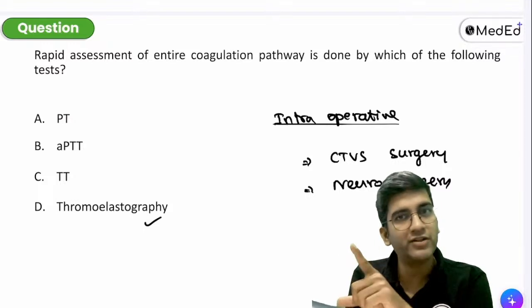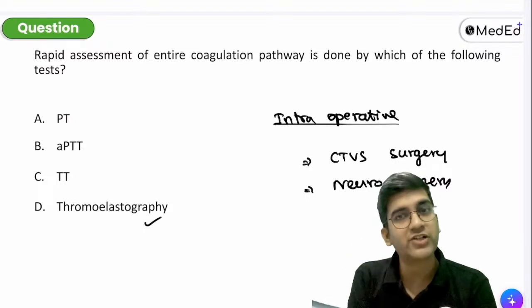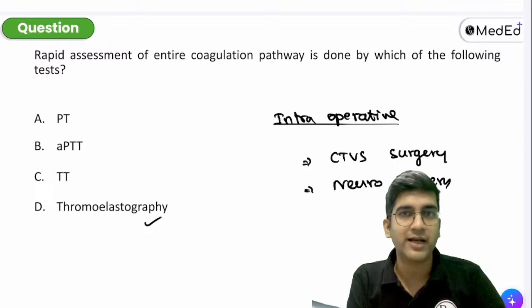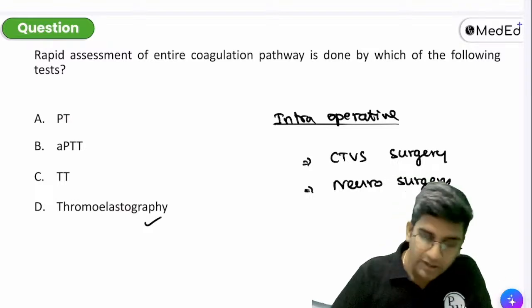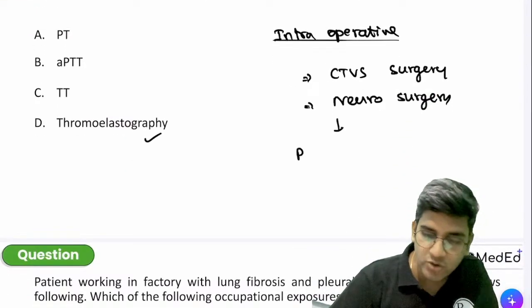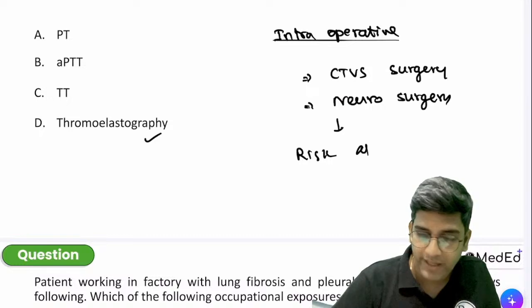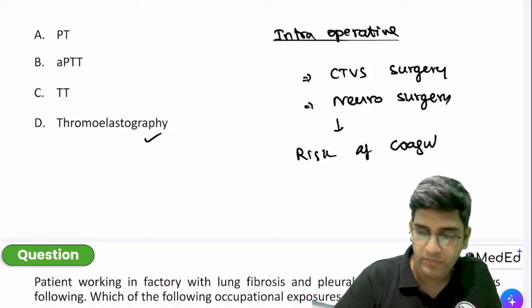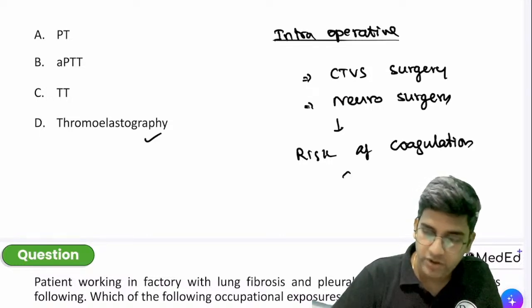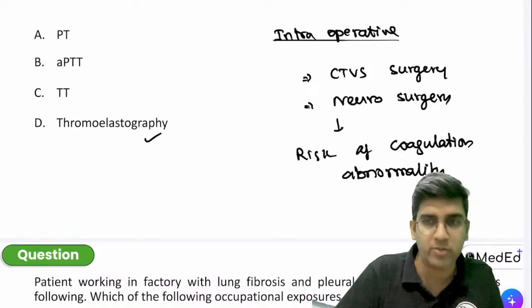Because I'm storing the blood for 20-30 days, clotting factors will go away. I'm giving only RBC, not clotting factors. So all these surgeries have a risk of coagulation abnormalities because of recurrent blood transfusions done.